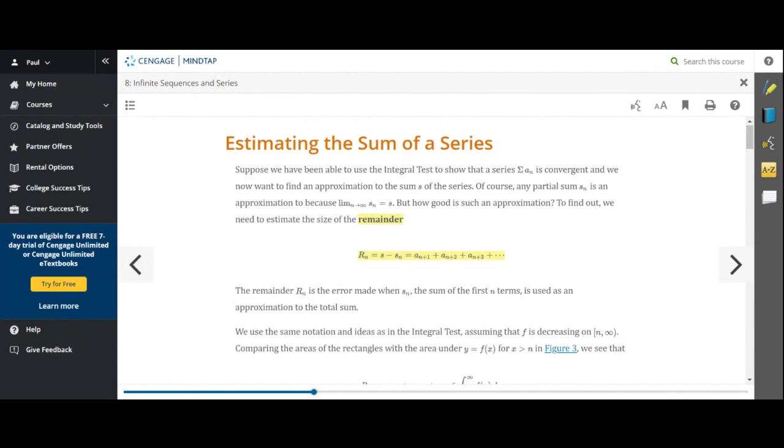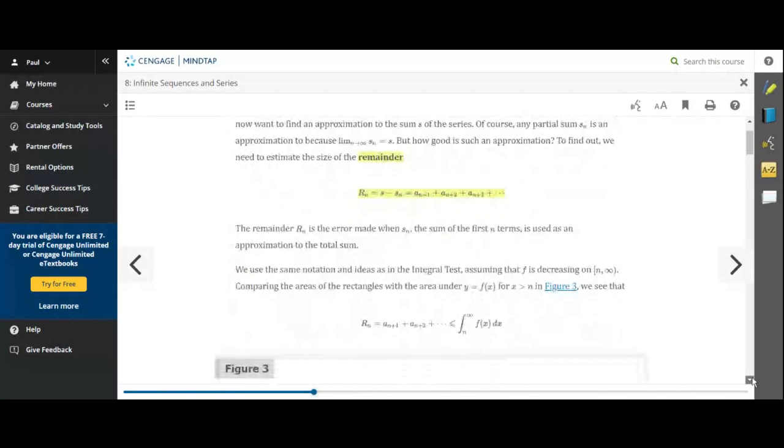is called your remainder, R sub n. We want to get an estimate of it.